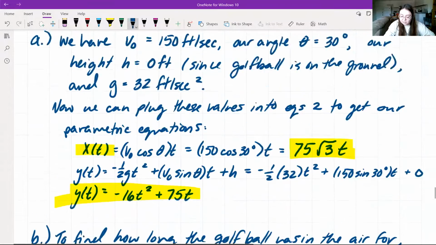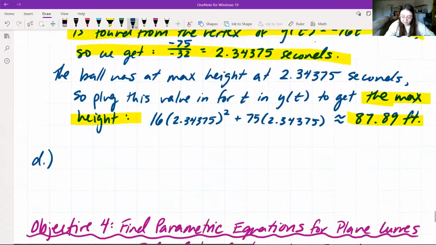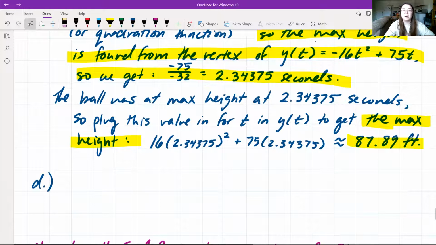Then our last question, part D, we want to find the distance that the ball traveled. Don't know if we'll have enough room, but let's try and fit this in.